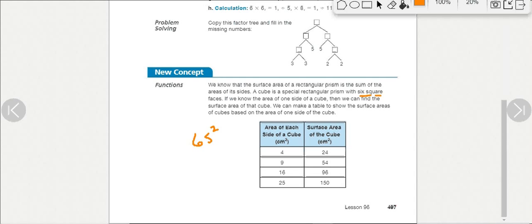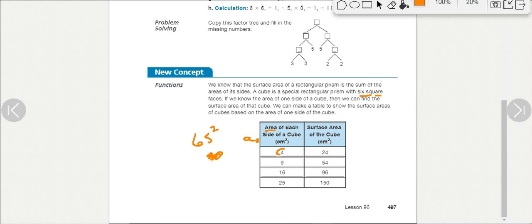Now, this left side is not a side of a cube, it's the side of a square, it's the area of a side. So if we're going to let S mean area, let's just stick with A. Area of a side. Maybe I'll do a little S. Area of a side.